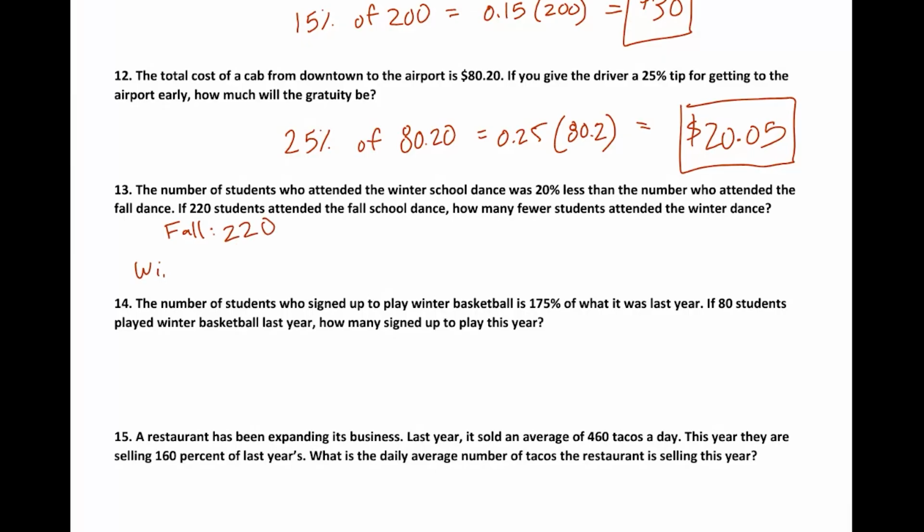For the winter school dance, there were 20% less than the number who attended the fall dance. So if there was 20% less than the original amount, that means that there were actually 80% of the students there. So we want 80% of 220, because that way it went down by 20%. Started at 100%, went down by 20%, that puts us at 80%. So that's going to be 0.8 times 220.